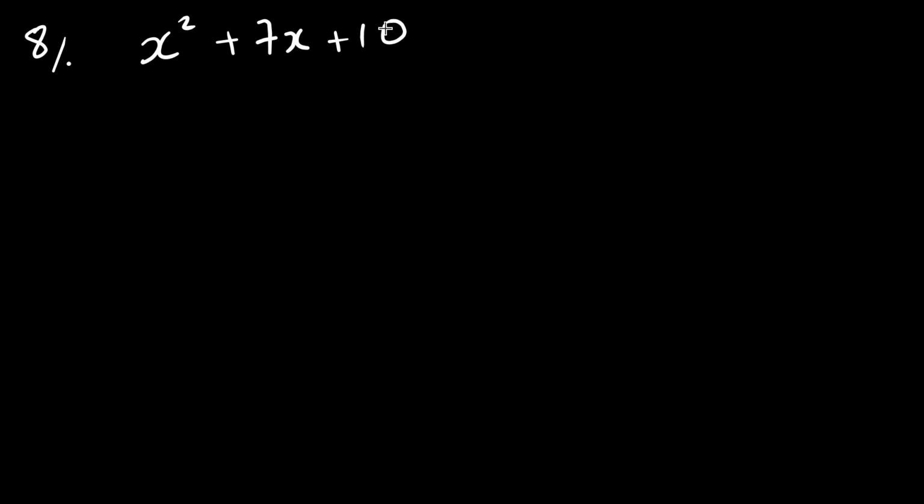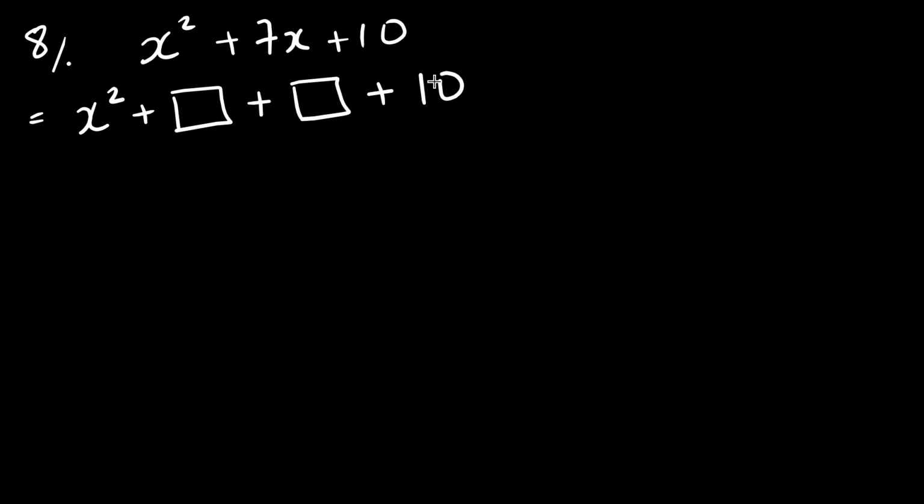Now, this is a 3-term quadratic. The form that we're used to, this is the quadratic form. Is it the form that we can factorize by grouping? No. In order to factorize by grouping, by this point, you'd have recognized that we need 4 terms. We only have 3 established here. We need to rewrite this, right, as x squared plus some term in x plus some other term in x plus our 10.